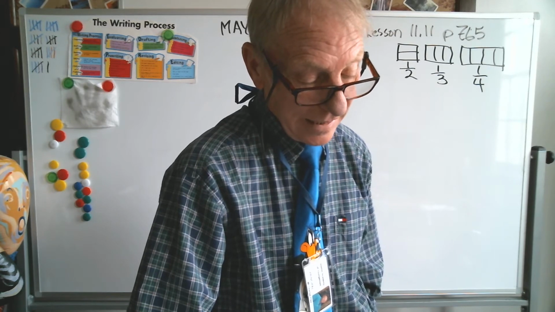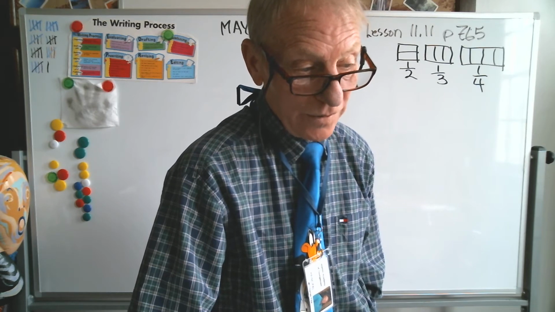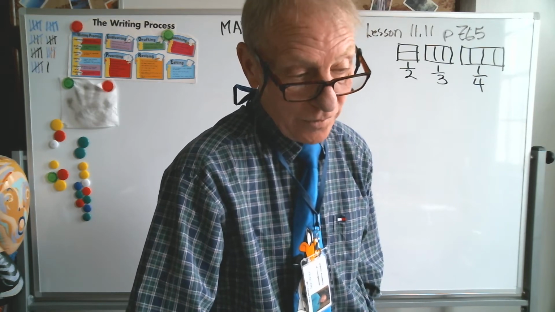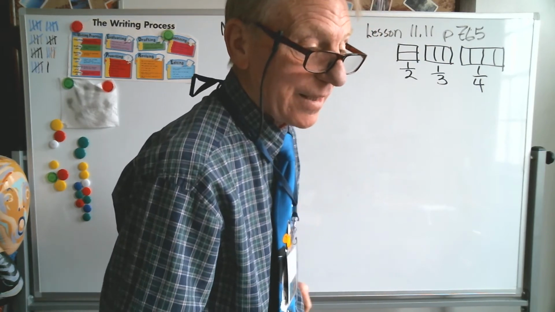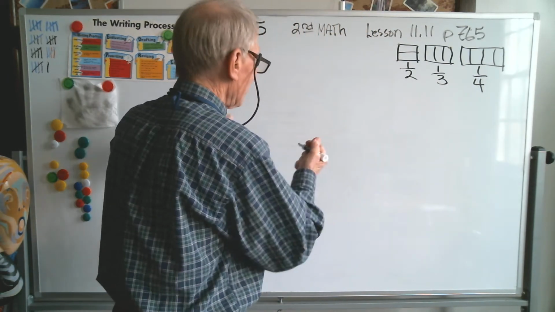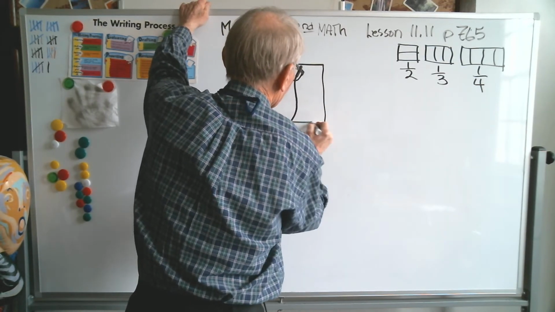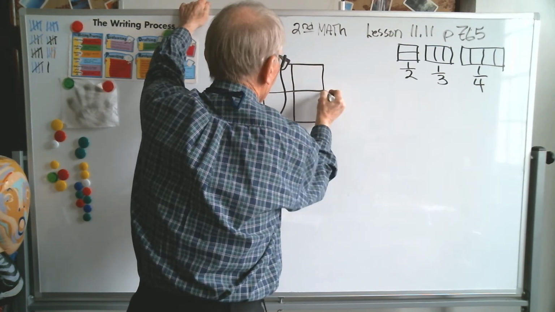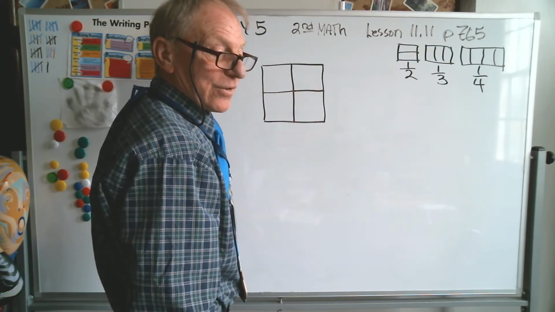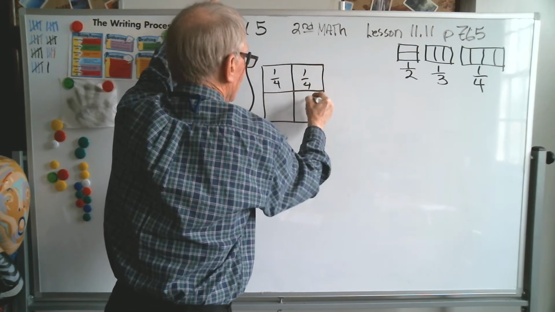Well, he's dividing it into how many sections? Count them, 1, 2, 3, 4. So all you're going to do is take that square and you're going to cut it into 4 pieces using a different way of doing it. Because it's a square, you can do it just like that. 1/4, 1/4.